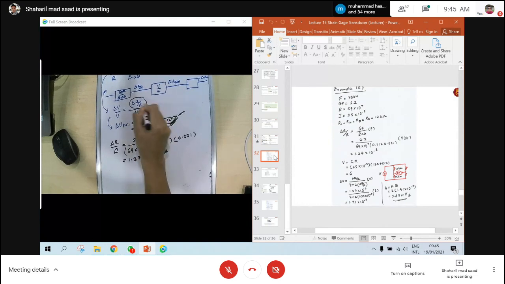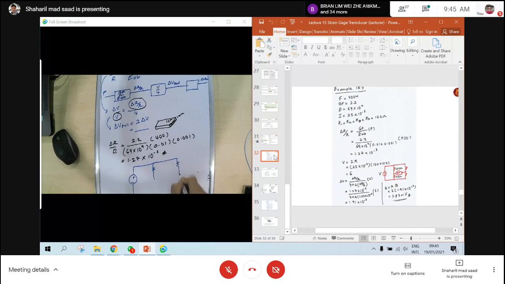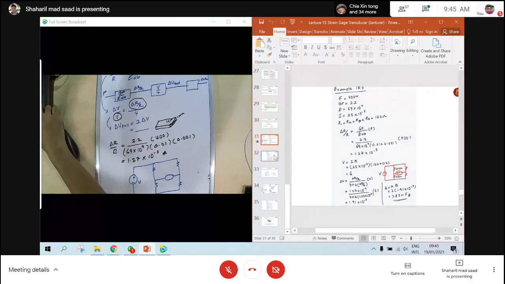We already got delta R over R. So in order to use the formula, however, the question doesn't give you the delta V, but it gives you the current flowing to the resistor. Okay, so if we draw this Wheatstone bridge again, now this is your V. So we look at the question again.